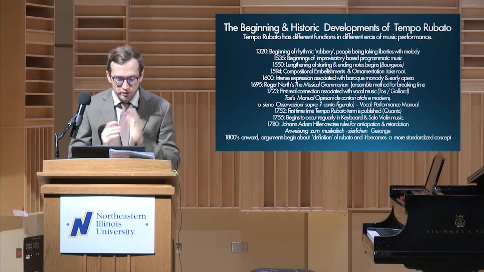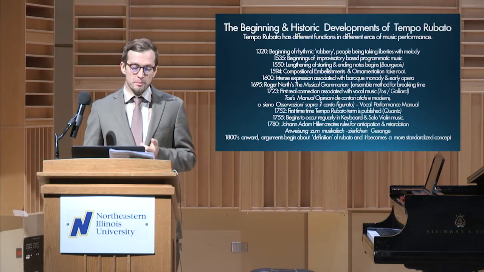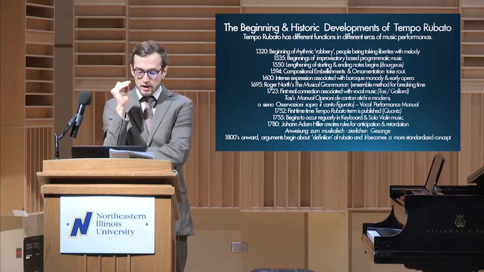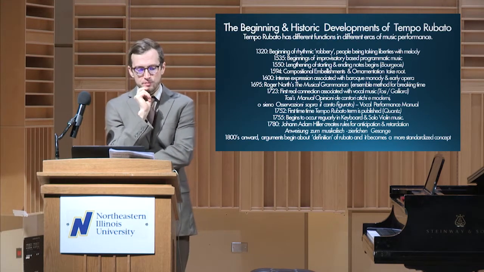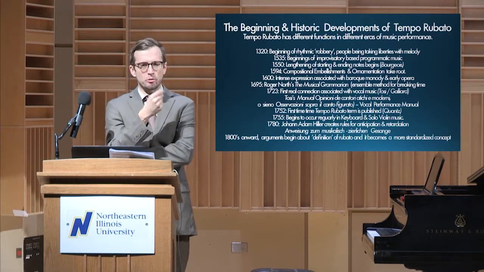And the improvisatory pieces were not to compete with the concert works. In 1550, the lengthening and starting and ending of notes started to begin. 1594, compositional embellishments and ornamentations begin to take root. I believe this all began with the diminution manuals, as we learned to practice ornamentation.